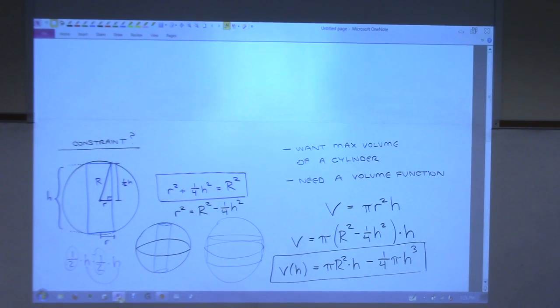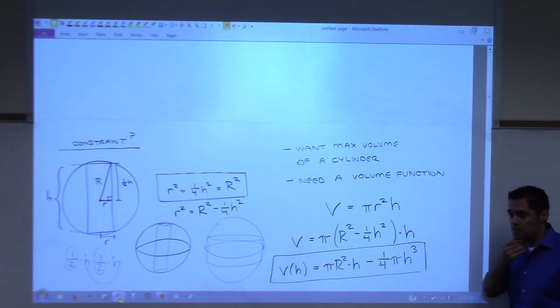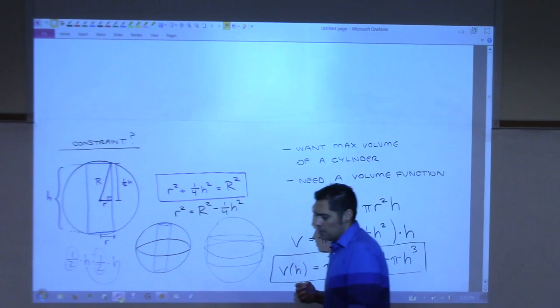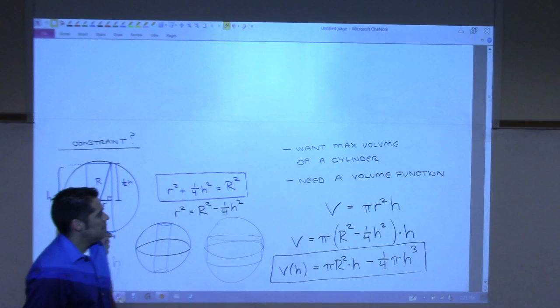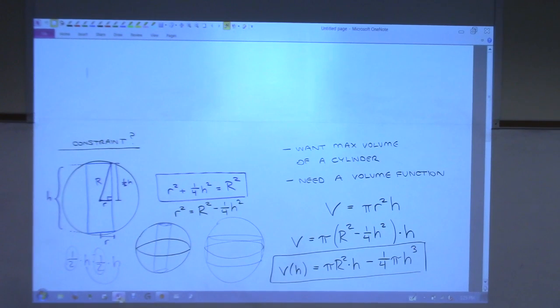Now we need to find the largest possible volume. Domain, right? Domain. This is a key step. What is the thing I'm looking at when I'm talking about domain? What am I considering? H is the variable in this problem, right?